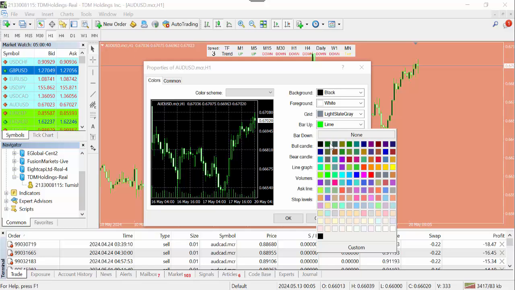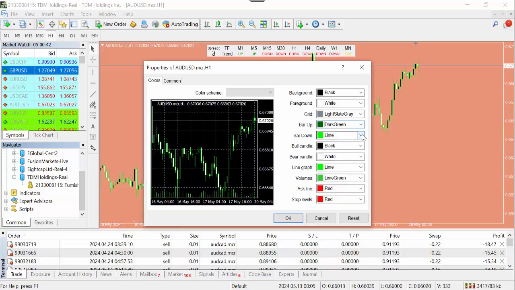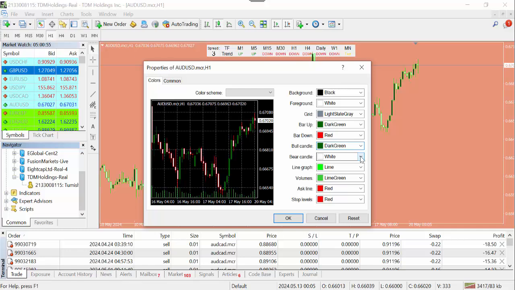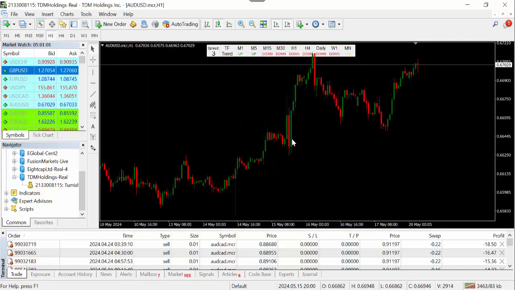I want my up candle to be green and my down candle to be red. Okay, so my screen looks like this now.